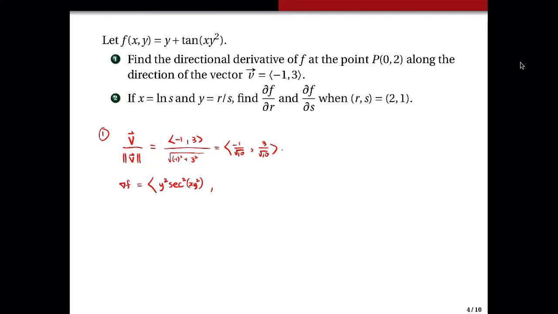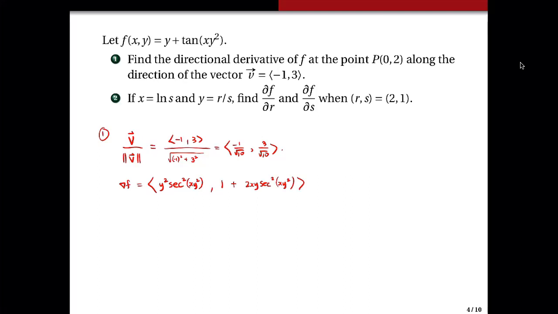For the second component, we need partial of f with respect to y. So we will have 1 plus, again, secant squared of x y squared, and then by chain rule, we multiply by the derivative of x y squared with respect to y. So this will be 2xy.